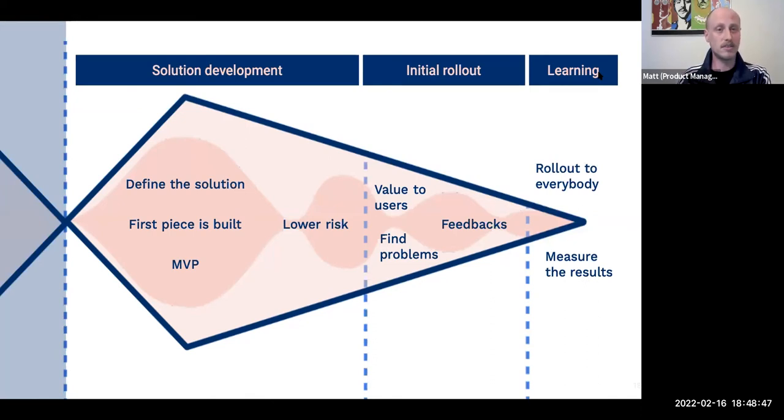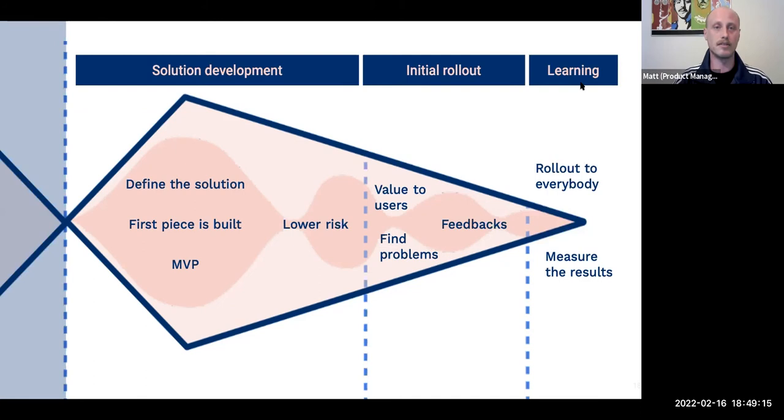Closer to the end of this initial rollout, we believe that we are on the right spot with the solution, and then we move to rollout to everybody, so general availability of the feature. And in this stage, we focus mainly on learning. If we had good success metrics and a good understanding of our problem, at this stage we can understand if the solution we propose solves the problem at the scale that we expected.